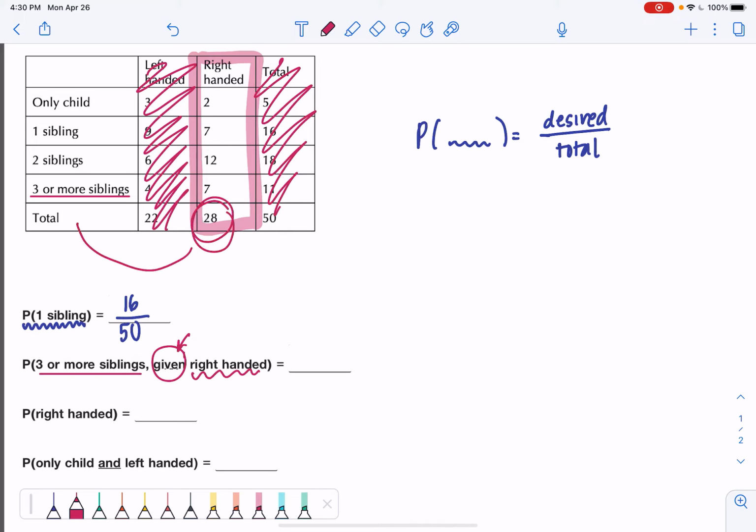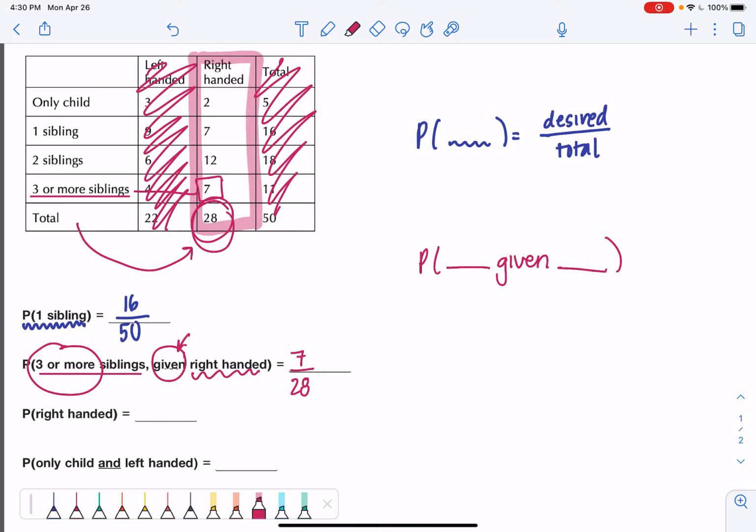So our new total is 28. 3 or more siblings, just these 7 people. So again, P of blank, given blank. This is your new total. It means we already know it.